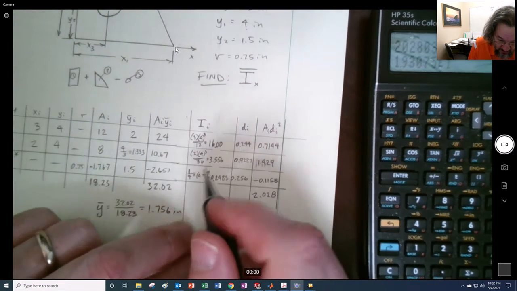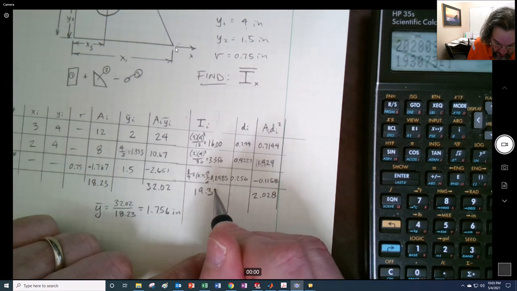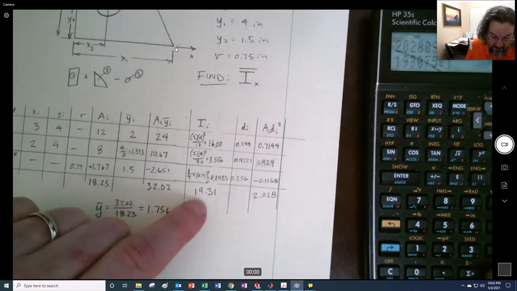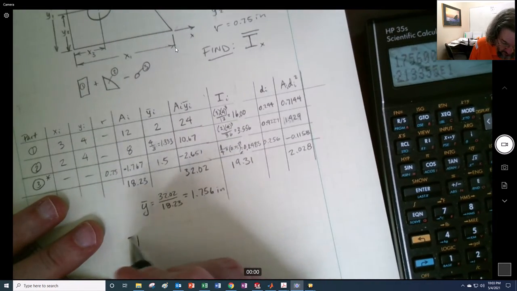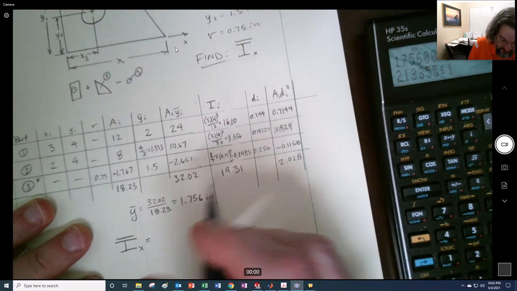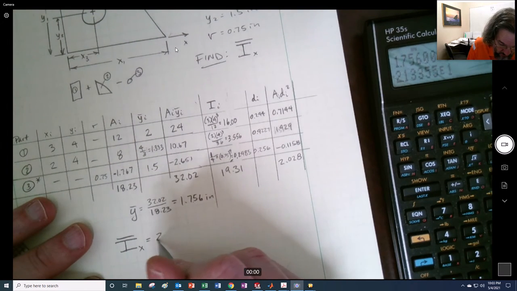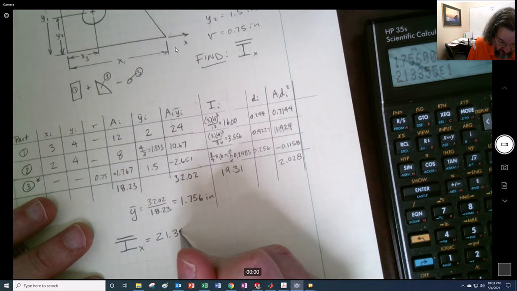Subtract all that, add it all up, 19.31, and then I add those two together. And so now I say that this is going to be 21.34 inches to the fourth.